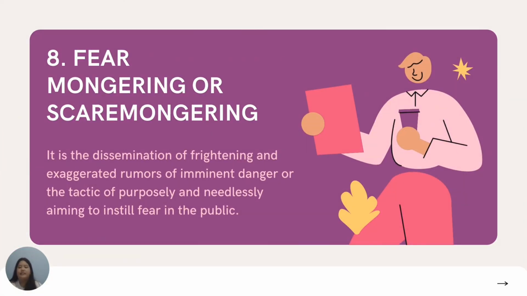Number 8, fear-mongering or scaremongering. It is a dissemination of frightening and exaggerated rumors of imminent danger, or the tactic of purposely and needlessly aiming to instill fear in the public.